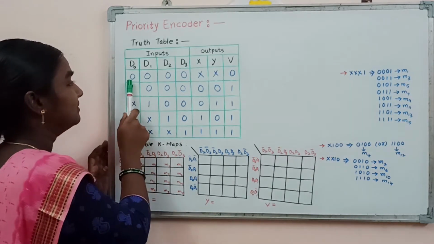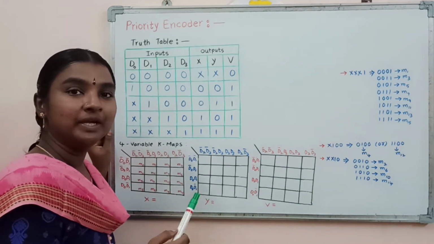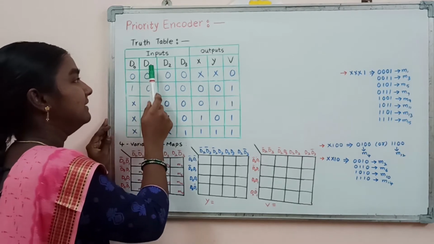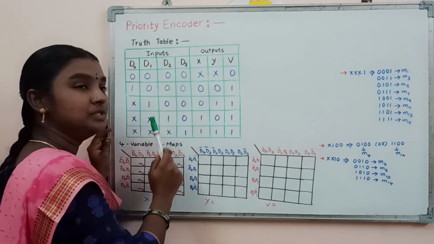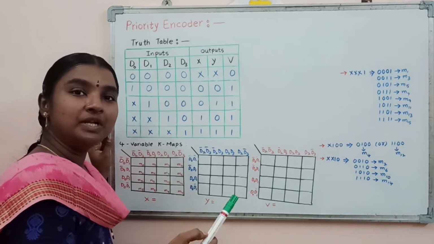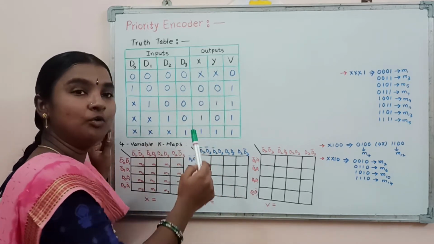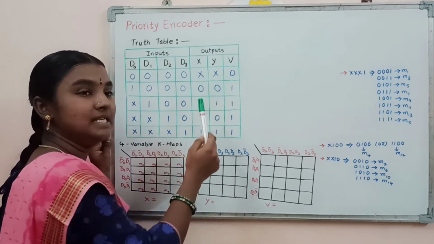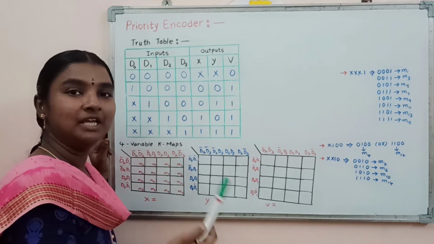For the first combination, I am not applying any input value on the input side. That means D0 equal to 0, D1 equal to 0, D2 equal to 0, D3 equal to 0. So the V output is going to be 0 here, and the X and Y outputs are considered don't cares. It is not indicating any binary code because we have not applied any inputs.